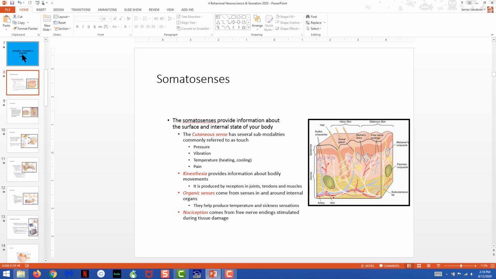The first sensation to be covered is related to your somatosenses, or touch. Now, touch has a wide variety of subtypes. It's kind of funny how senses have generally been identified: you'll say touch is a sense, but then there are detectors for pressure and vibration and temperature and pain.